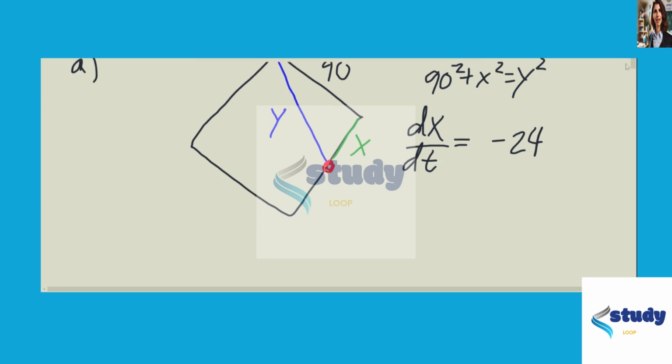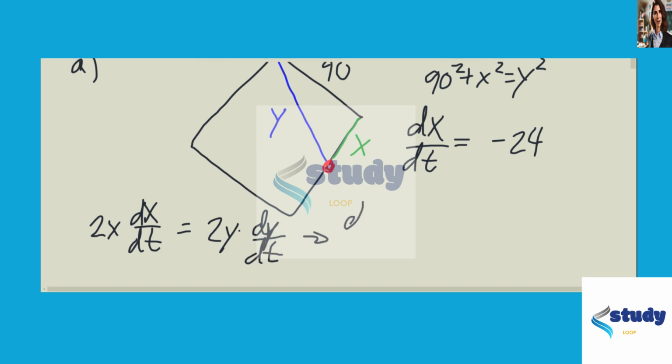To find dy/dt, I'll use implicit differentiation with respect to t. We have that 2x times dx/dt equals 2y times dy/dt, and therefore dy/dt equals x over y times dx/dt.